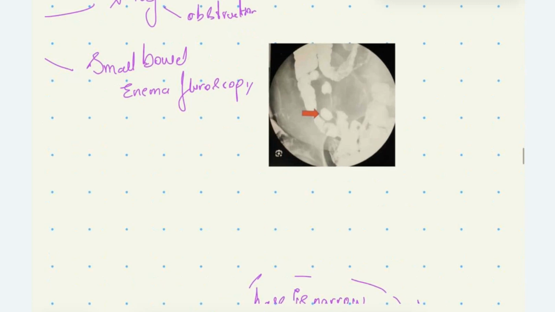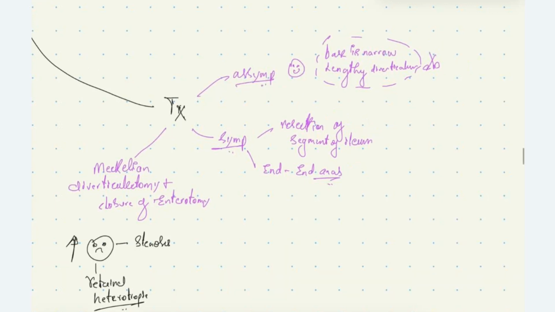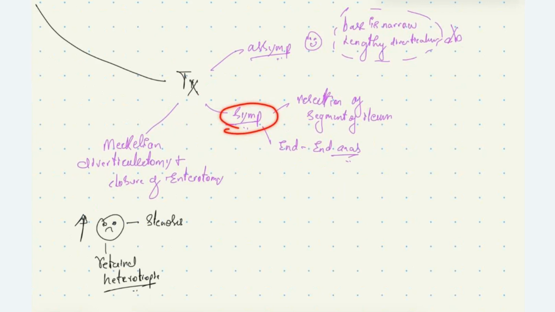For management, an asymptomatic Meckel's diverticulum found while performing other procedures like laparoscopic appendicectomy or cholecystectomy need not be removed. If the base is narrow or it is a lengthy diverticulum, we should remove it. If the patient is symptomatic, we can perform resection of the segment of ileum where Meckel's diverticulum is present, followed by end-to-end anastomosis of the ileum.